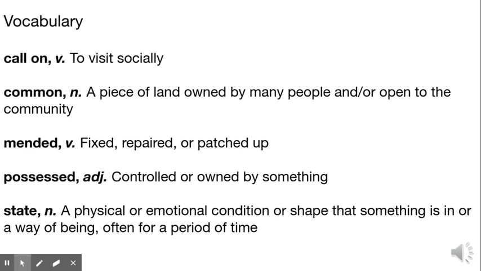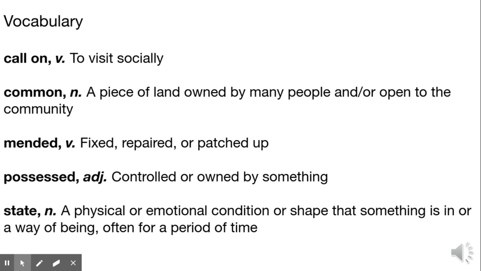"Mended" is a verb. It's a doing word, right? And it means fixed, repaired, or patched up. "Possessed" is an adjective. It means controlled or owned by something. So you could say Rachel possessed a pet cat, right? That means she owns a pet cat. "State" is a noun.